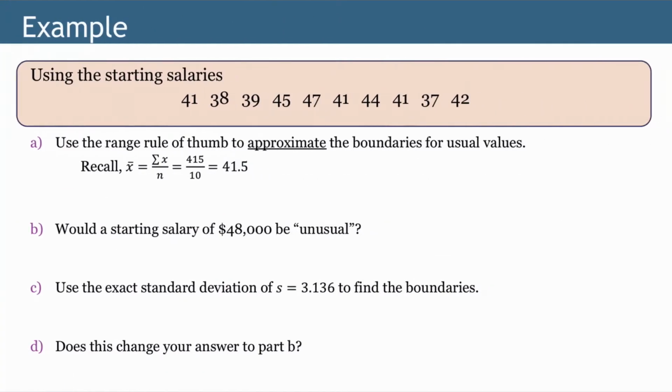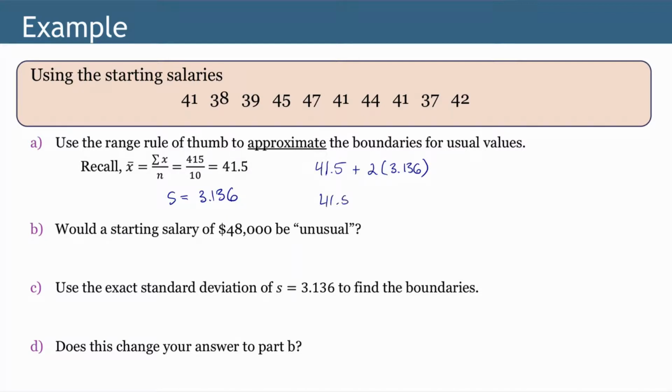Okay, so let's see this in action. Let's go back to that same data. There is your mean of 41.5 and 3.136, I think, was our S. So X bar plus 2 times 3.136, and X bar in this case is 41.5.